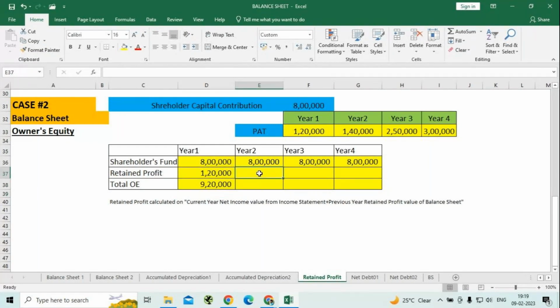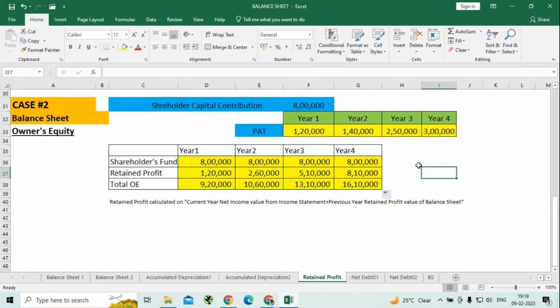For year two, it will be 1 lakh 40,000 plus 1 lakh 20,000, and this will be 8 lakh plus 2 lakh 60,000. Very good. Thank you. So from year two onwards, you can drag it. This is how you calculate accumulated depreciation and retained profit value.